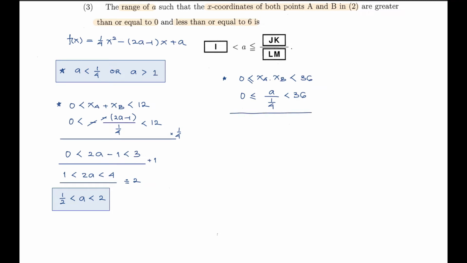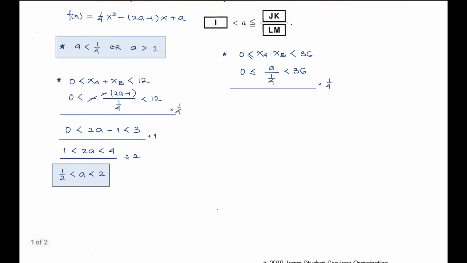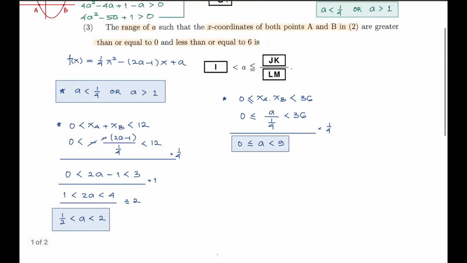If we multiply the whole inequalities by 1/4, I will get 0 less than or equal to a less than 9. This is the third condition that must be satisfied for this statement.